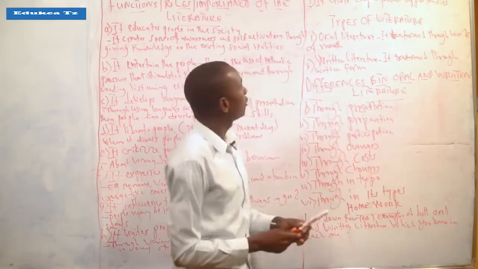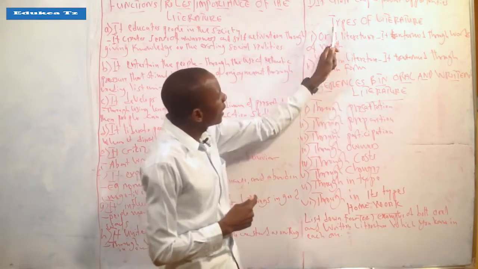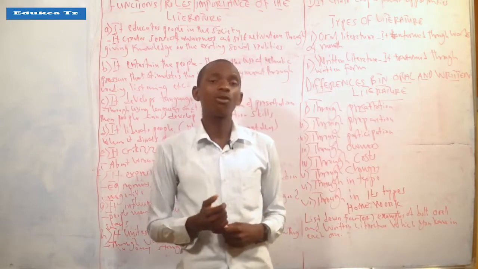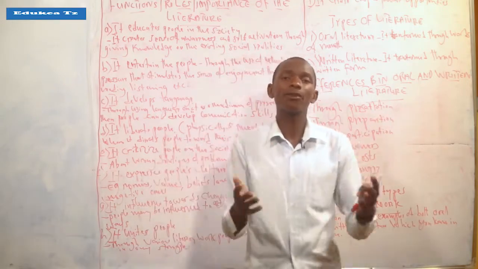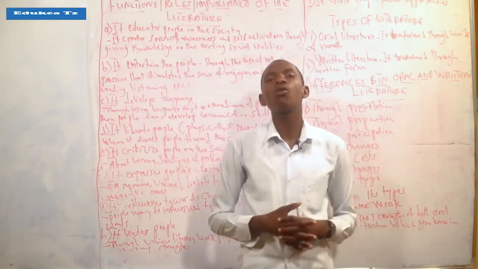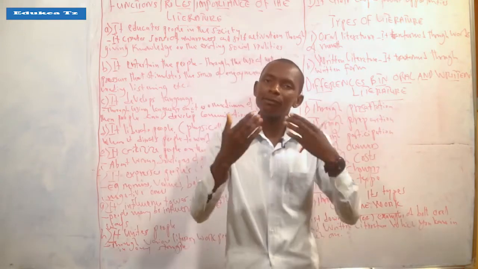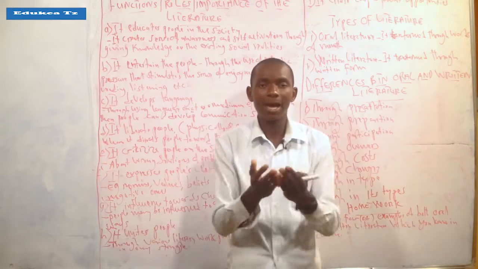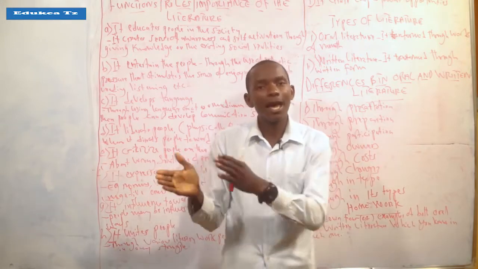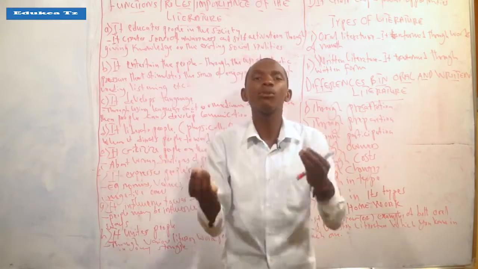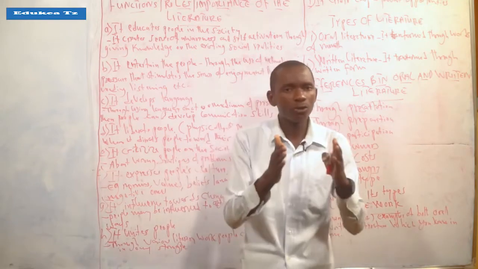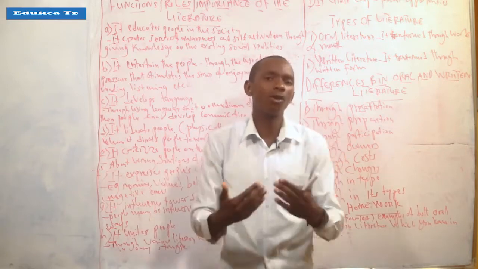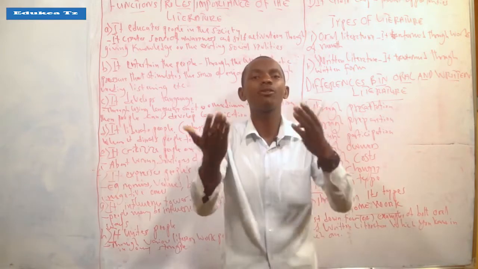And the last one is that literature also creates employment opportunities. A good example is that there are several artists who have employed themselves, and when they expand their labels, other people are employed as well. So literature can be used to create several employment opportunities.